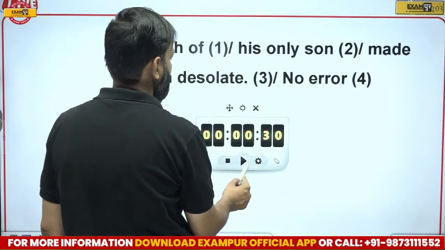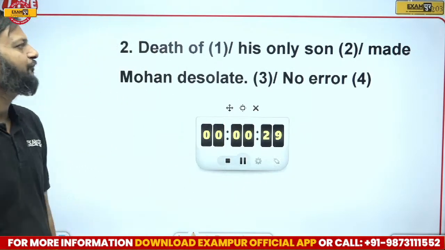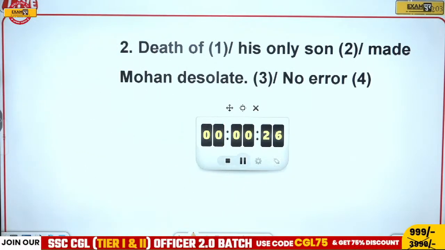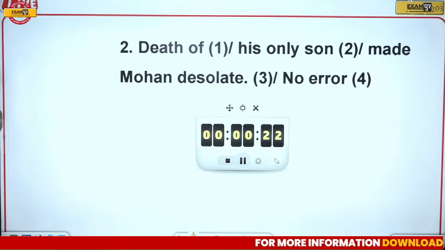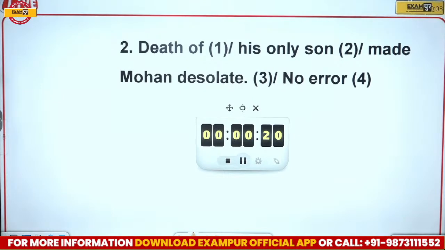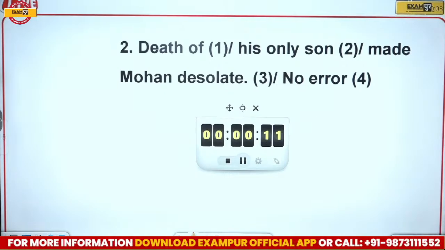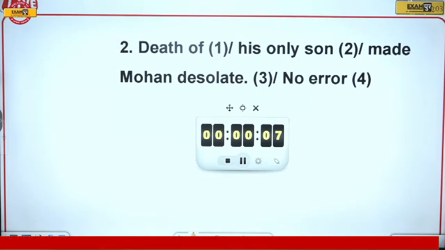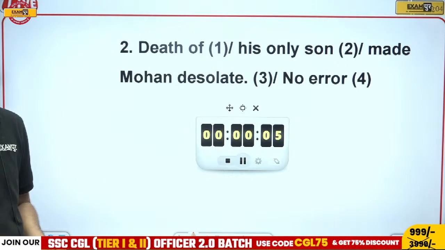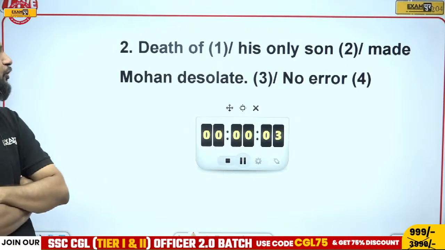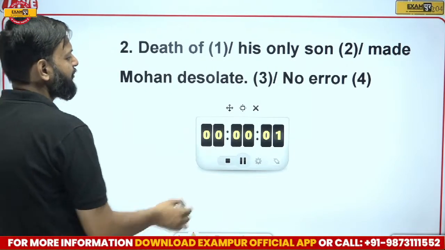Your time starts now. Death of his only son made Mohan desolate. See, here we have the word desolate.